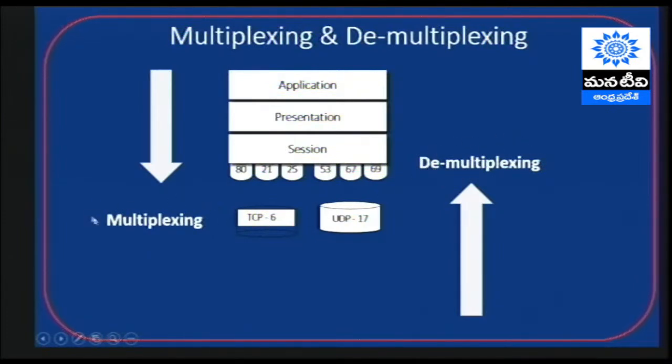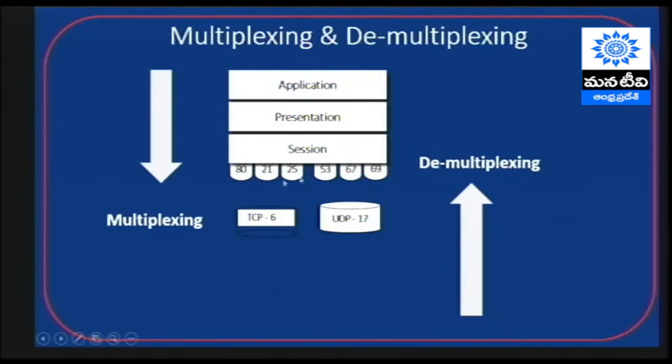Multiplexing is combining multiple streams of data into either the TCP protocol or the UDP protocol, and in the reverse process, when you receive data, the data comes as input in the form of TCP or UDP, and then demultiplexing sends the request to the corresponding applications.